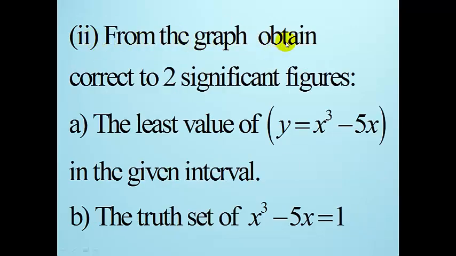Then from the graph, obtain, correct to two significant figures, the least value of y equals x cubed minus 5x in the given interval and the truth set of x cubed minus 5x equals 1.